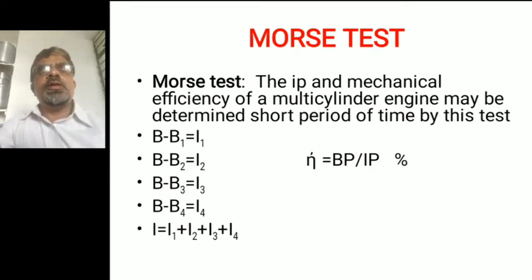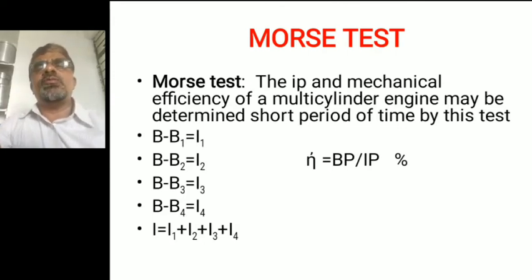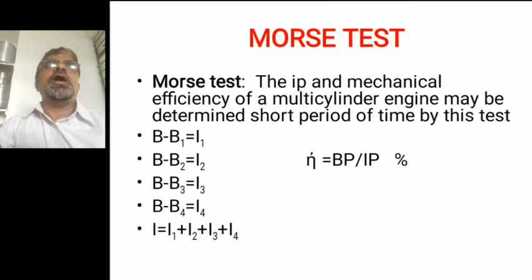First of all, the BP of the engine is measured by dynamometer. Next, the BP of the engine is measured by the dynamometer by shorting the spark plug in case of petrol engine, and by cutting off the fuel supply in case of diesel engine.